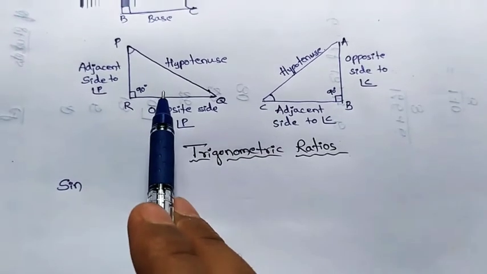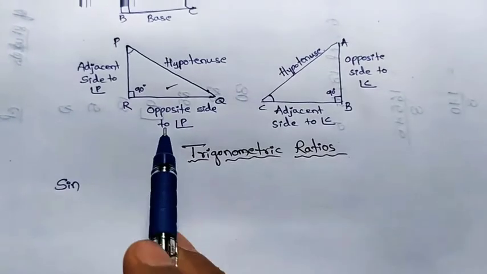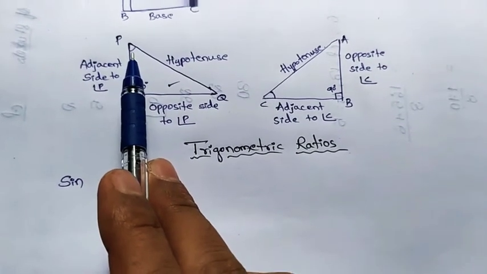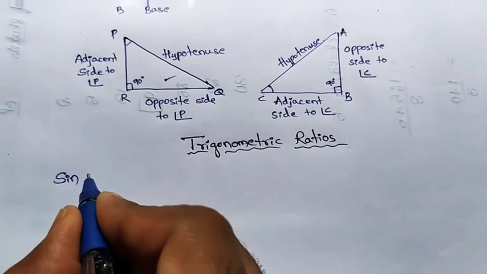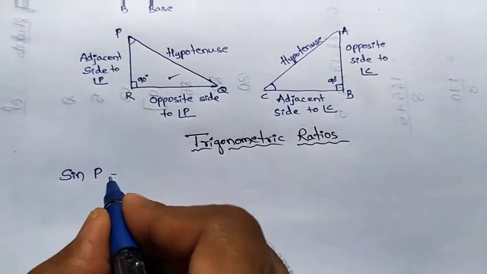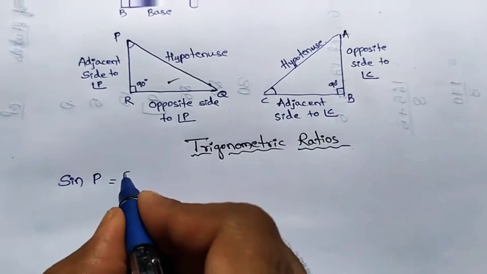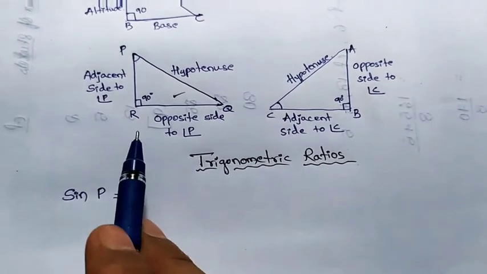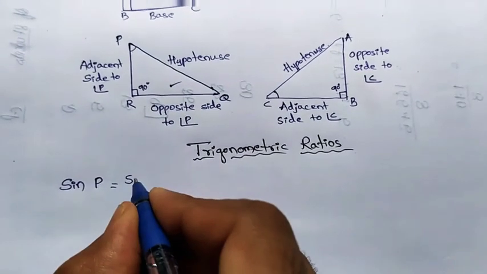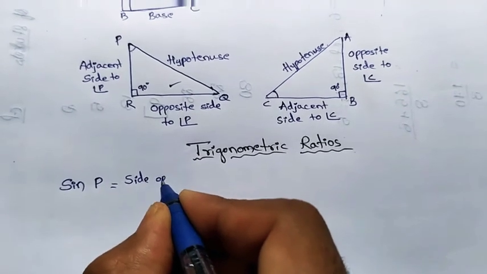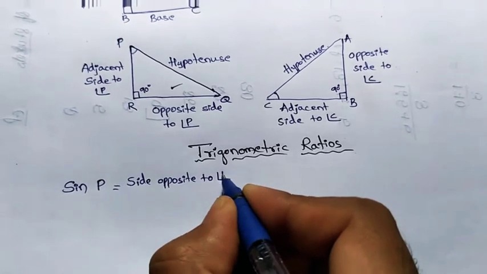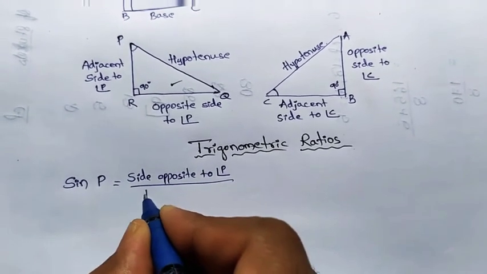Now I will take this triangle, with the reference angle as P. Sine of angle P, or you can write only sin P, has the formula: side opposite to angle P divided by hypotenuse.